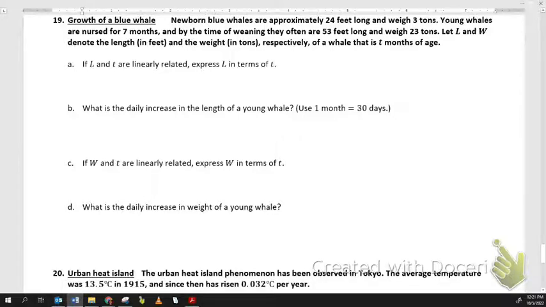Seems like cute information, which it is, but they're also telling me specific points. If this is a newborn, what am I telling you in this situation? That's the least. This is our y-intercept, our initial amounts on these things if they are newborns.